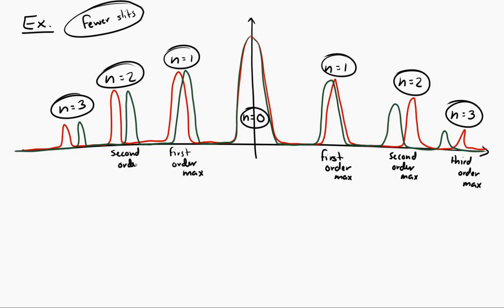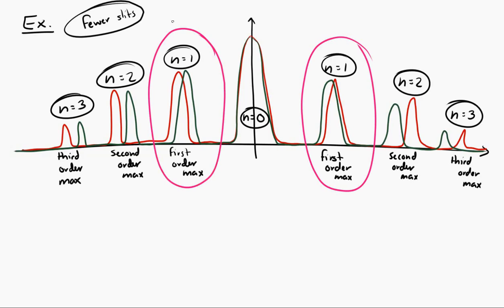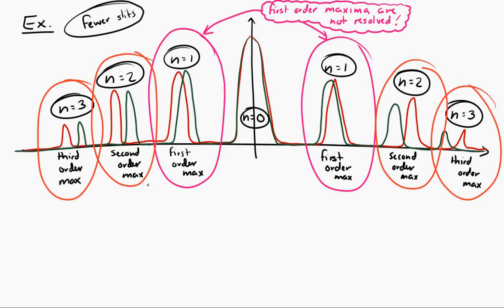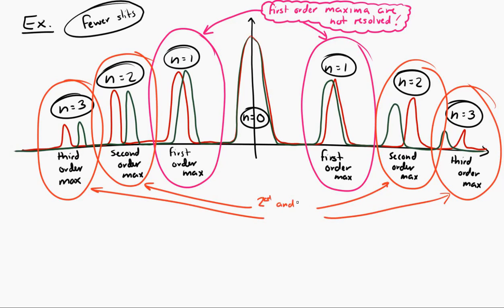So in this situation, notice that for the first order maxima, the maxima that correspond to n equals 1, we do not resolve the green and red light. The green and red light is mixed together. The peaks overlap. But the second order maxima and third order maxima are resolved.